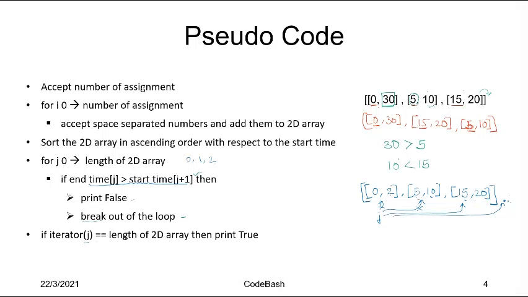So if this j and the length of the 2D array are the same, then we know that j has gone through all of these arrival and departure times, so basically smaller inner arrays, and it has found that there are no overlapping departure times and arrival times. So from that we can print true.